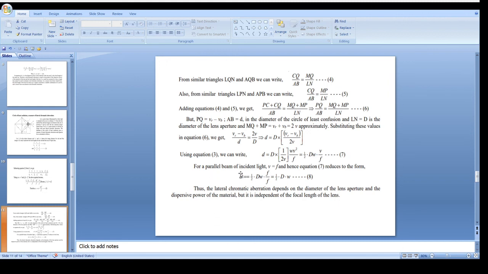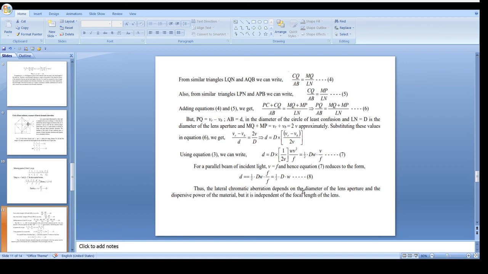For a parallel beam of incident light, V equals F, and hence equation 7 reduces to the form d equals 1 divided by 2 into D omega into F divided by F, equals 1 divided by 2 D omega. This is the eighth equation.